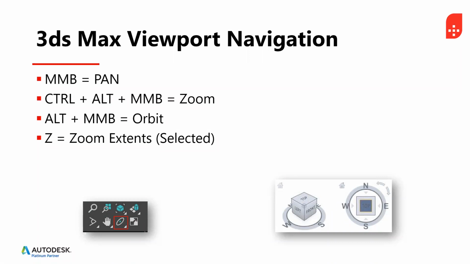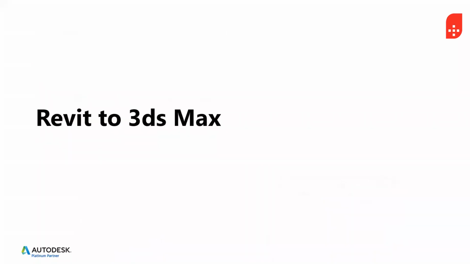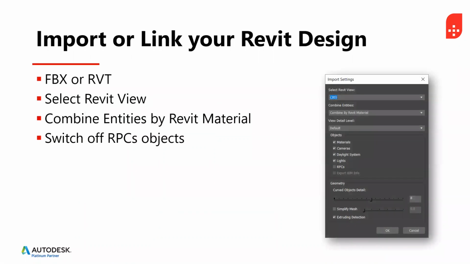In the lower right corner, you also have icons, and if you want to benefit from the ViewCube, that's available as well. And then we're going to dive deeply into how to get your data from Revit into 3ds Max. Best practices, do's and don'ts, and that kind of stuff.